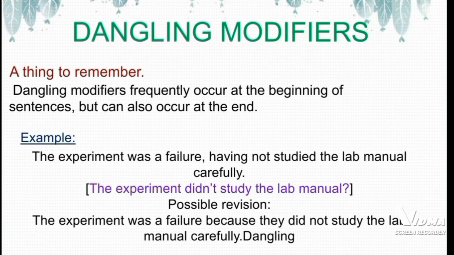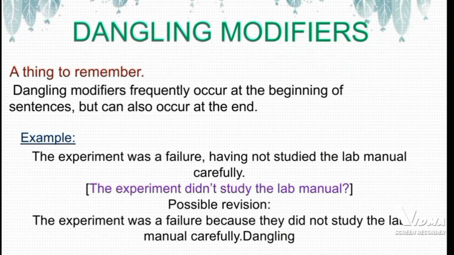Another thing to remember, dangling modifiers frequently occur at the beginning of a sentence but can also occur at the end. Example, the experiment was a failure having not studied the lab manual carefully. It may sound correct, but the experiment didn't study the lab manual, right? It gives confusion about this sentence, because it is the student or the researchers who did not study.